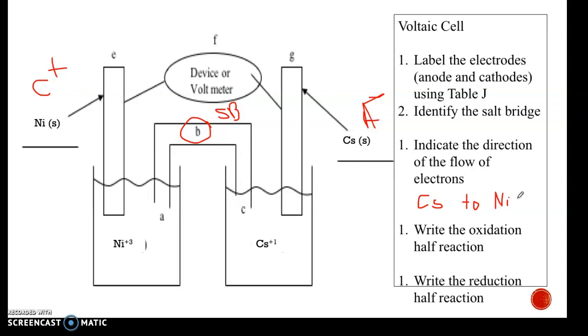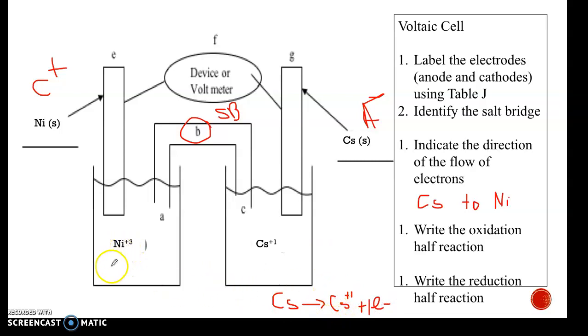Let's go ahead and write our half reactions, and the ion and the atom should be able to help you. So for oxidation, we are going to go from Cs yields Cs+1 plus 1e minus. That's oxidation.